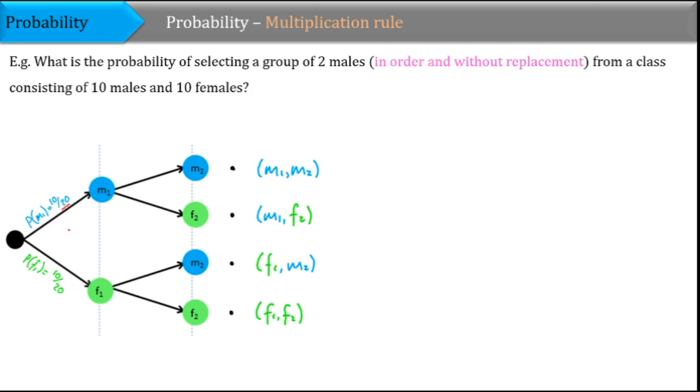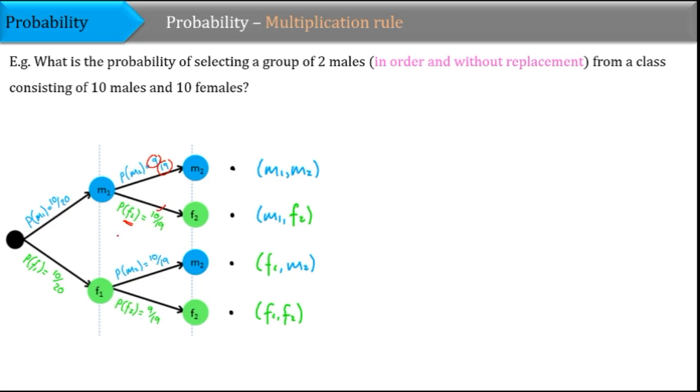Male first will be 10 over 20, female first will also be 10 over 20, but now if we remove a male, we're not putting him back. So that means the chances of getting a male the second time round will now be 9 over 19, because one of the 10 is gone and one of the 20 is gone. Getting a female second will be 10 over 19, because I still have the 10 females.